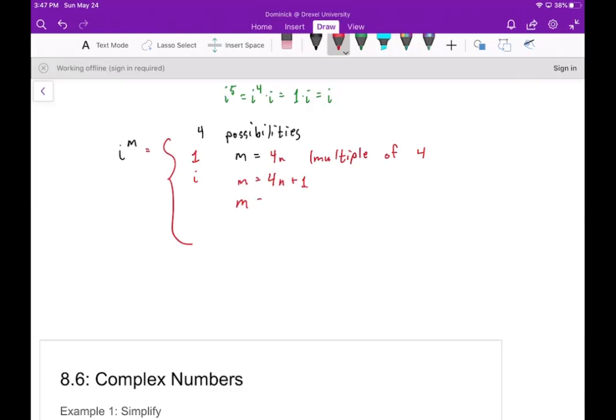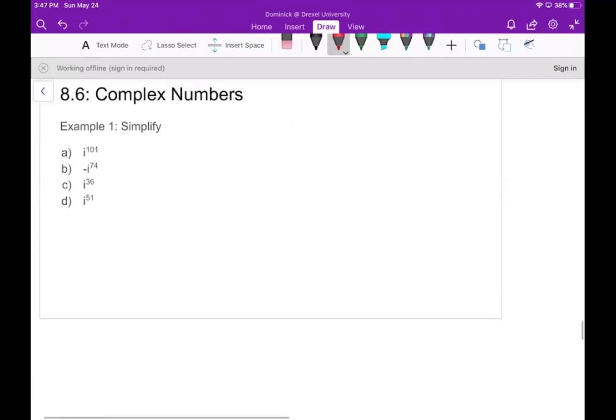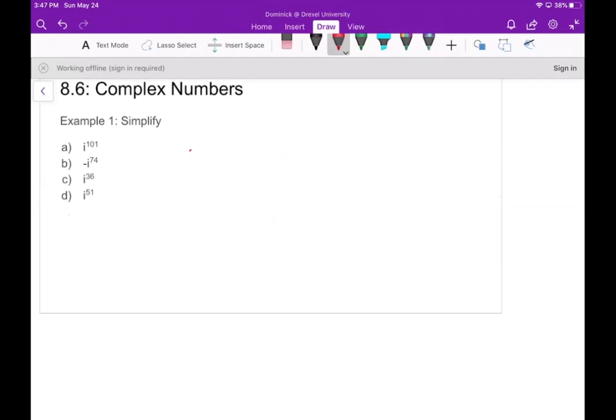If it's a multiple of 4 plus 2 more, you get -1. And if it's a multiple of 4 plus 3, that's -i. So now we can even look at much tougher powers.